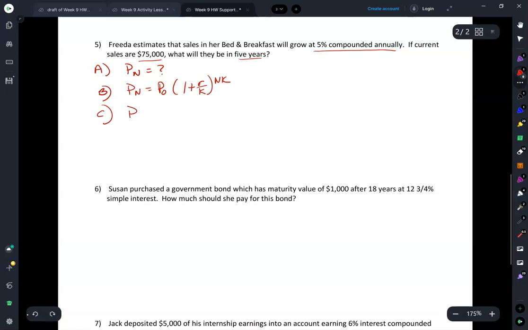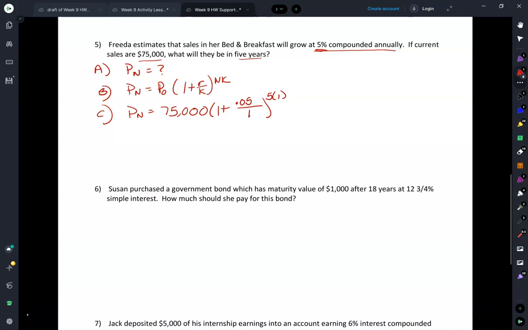So I have P sub n equals 75,000 times 1 plus 0.05, my rate, compounded annually over 1, which you could leave out if you want. I'm just doing it there, so if it were something else, you know how to do this problem type. And then raised to the 5 times 1. And then go ahead and just crunch the numbers.